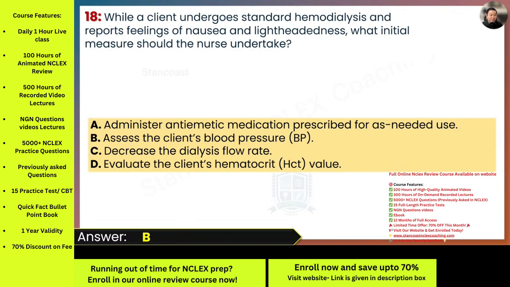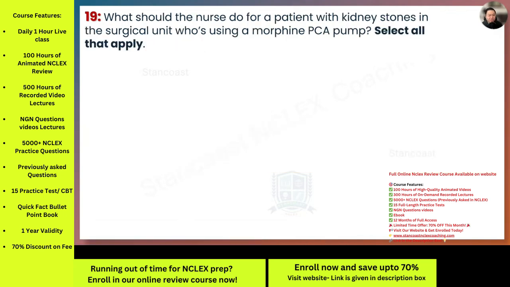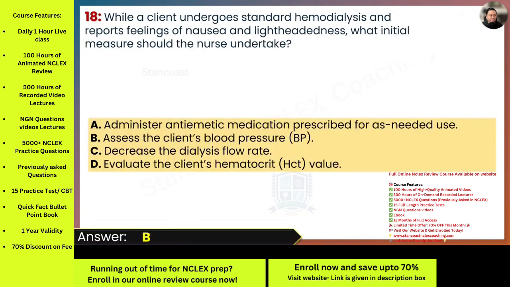This is quite a sudden change. It was not pre-existing before the dialysis was started, so this is a change in the client's condition. So what you do first is check the blood pressure to determine if hypotension is the cause.